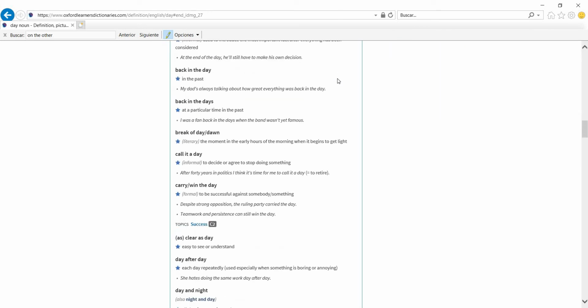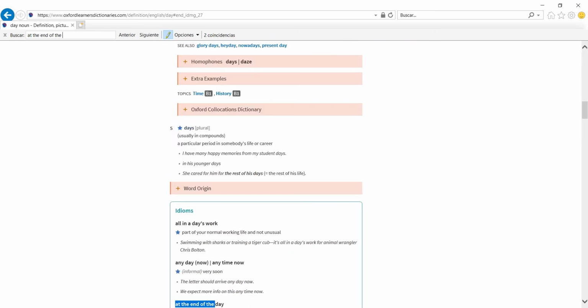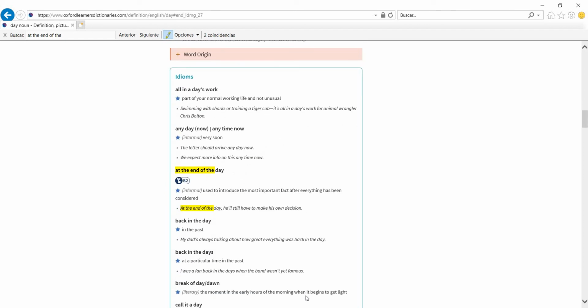Because you may take it literally, but that is not the case, right? Somehow it appears right at the bottom, right? And this introduces the most important fact of something, right? So: "At the end of the day, he'll still have to make his own decision."